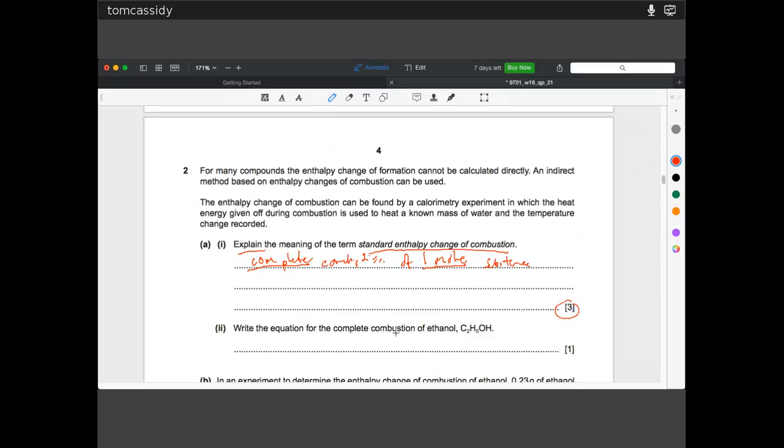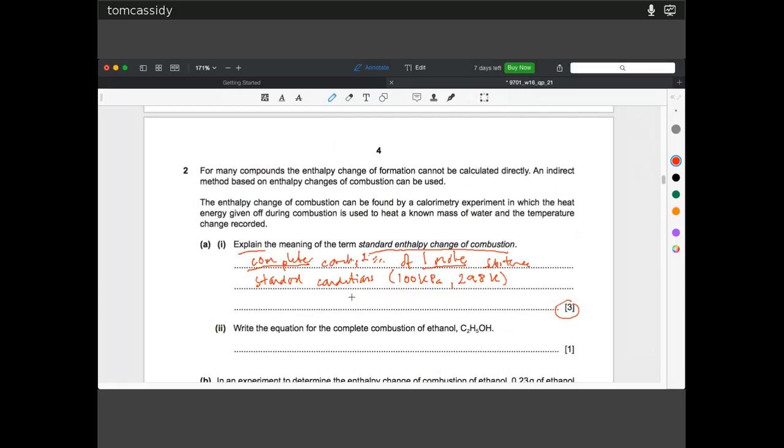And then we need to say that this enthalpy change is being measured under standard conditions. And you should know those standard conditions are a pressure of 100 kilopascals and temperature of 298 K. These are the standard conditions.